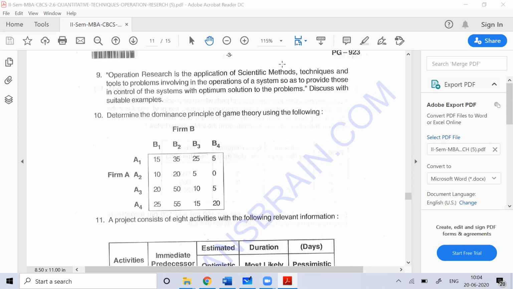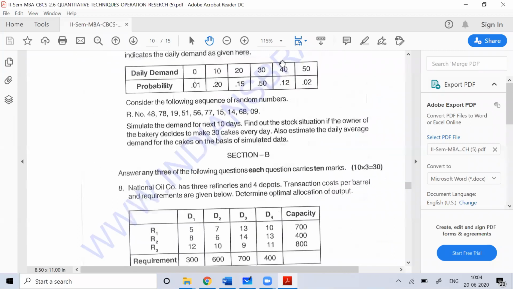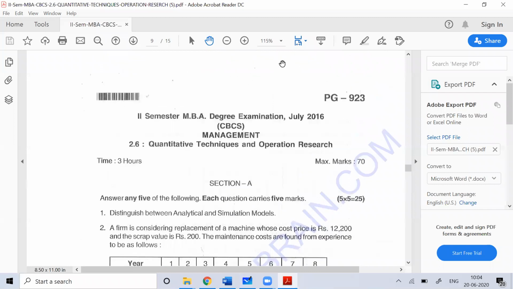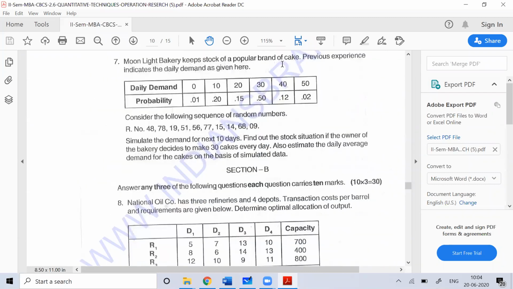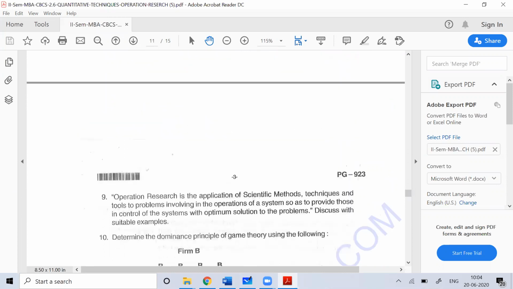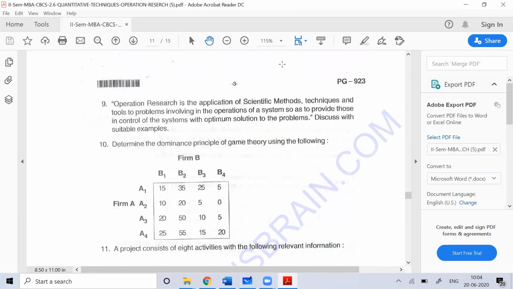You can easily see this exam happens in June, July. July exam used to happen. But because of certain reasons, this time the exam could not happen in July. I don't know, it can happen also. So make sure that your preparation is up to the mark. Don't think that one day before the exam you can study and pass.